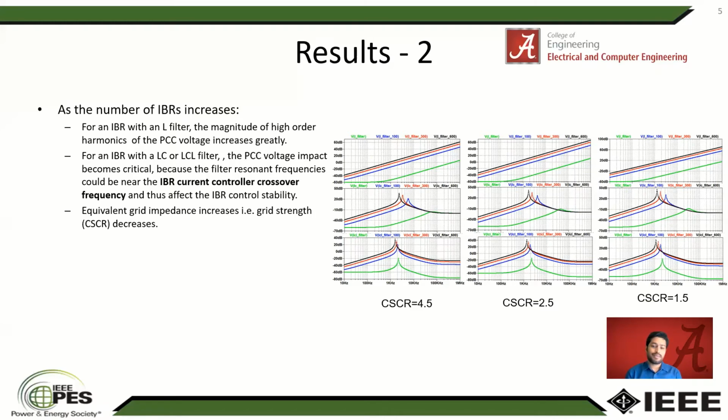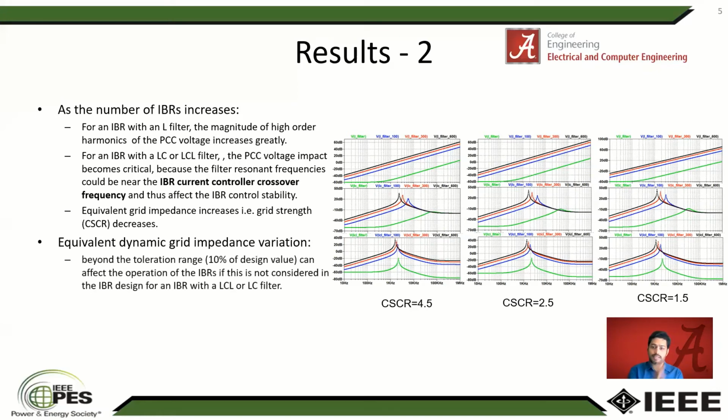So if it's a strong grid, and the number of IBRs is increasing, then the equivalent impedance is also increasing, so the grid strength decreases. So it can convert from a strong grid to a weak grid actually. So let's see what happens if the dynamic grid impedance varies and the grid strength changes.